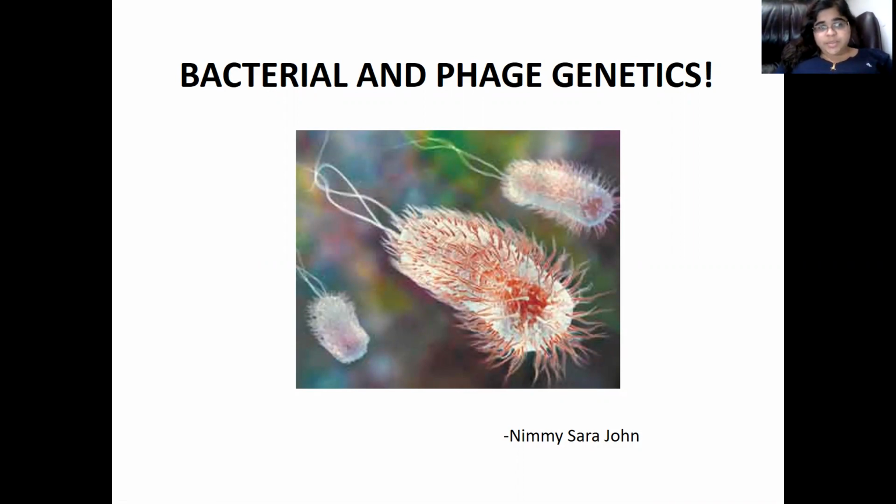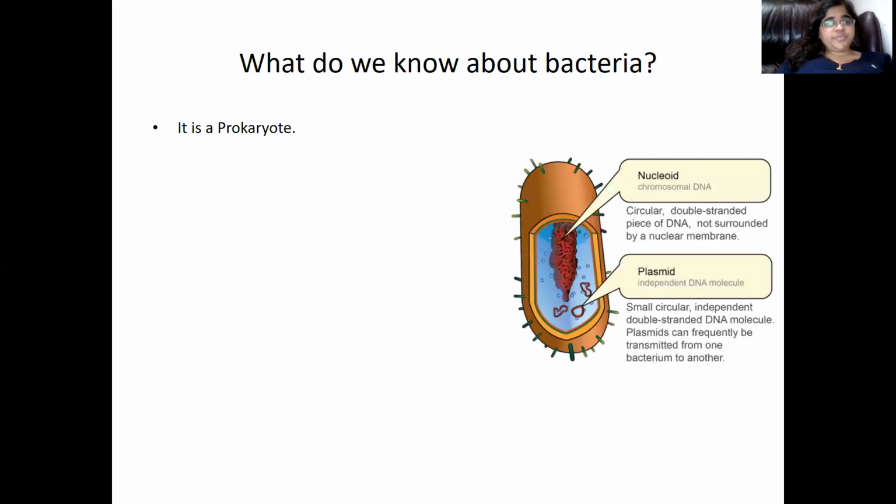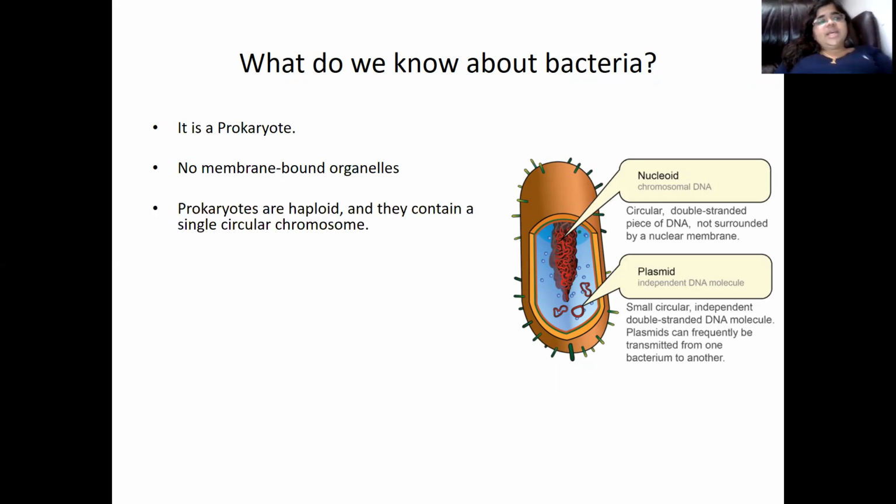So, thinking about bacterial genetics and phage genetics, the first thing we should do is understand what we know about bacteria so far. We know that it is a prokaryote with no membrane-bound organelles. The prokaryotes are haploid and they contain a single circular chromosome.